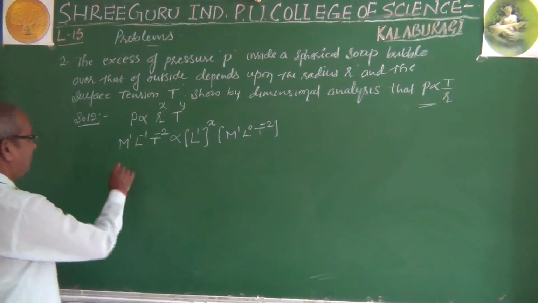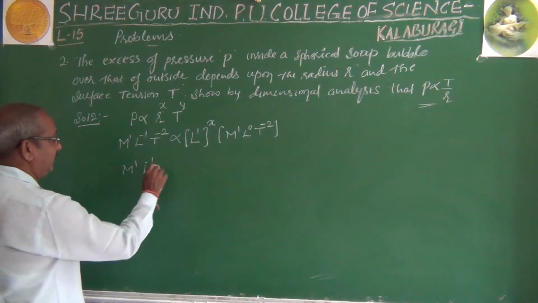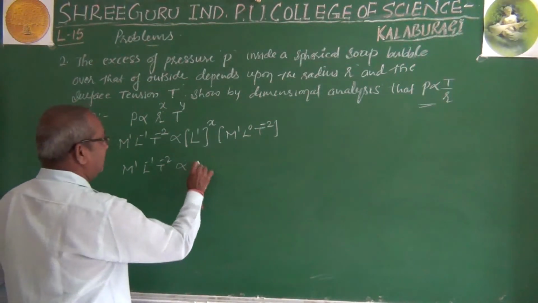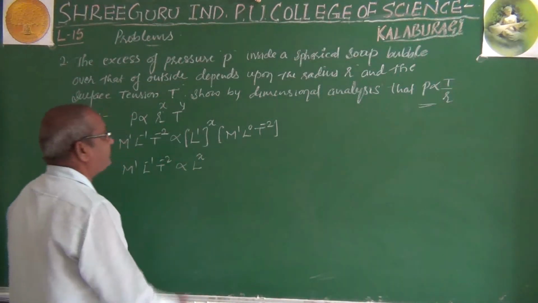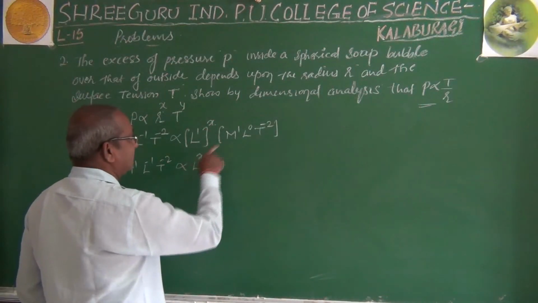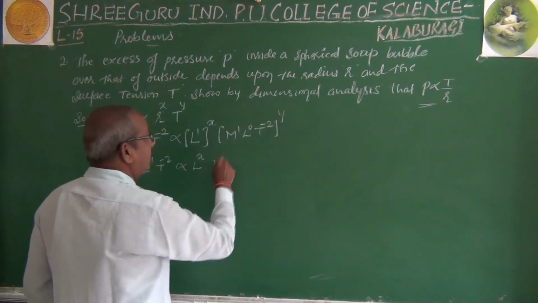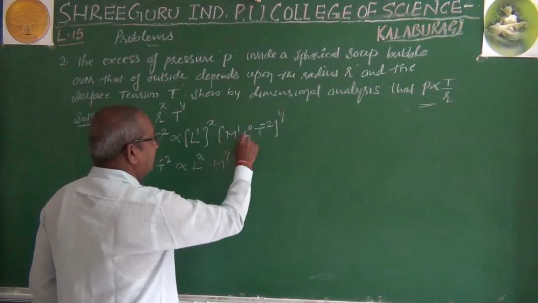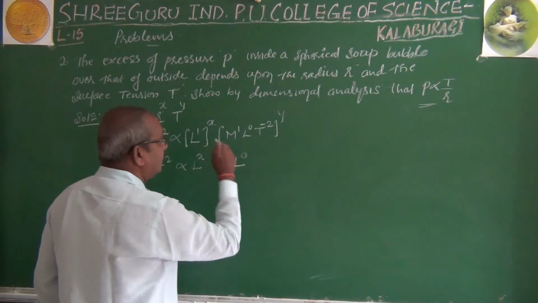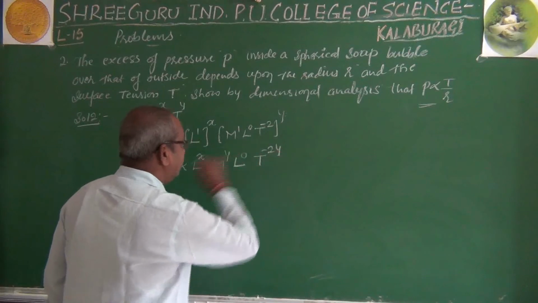So here M raised to 1, L raised to minus 1, T raised to minus 2 is proportional to L raised to x, M raised to 1 into y, that is M raised to y, L raised to 0 into y is 0, and T raised to minus 2y.